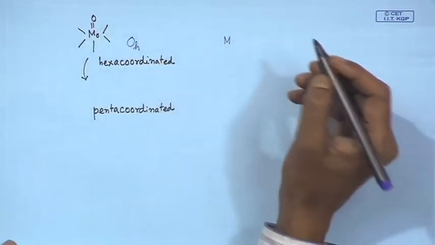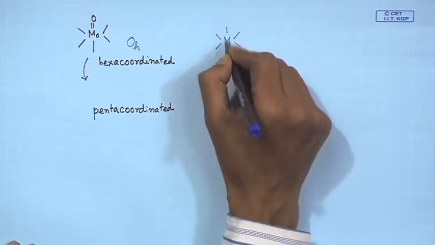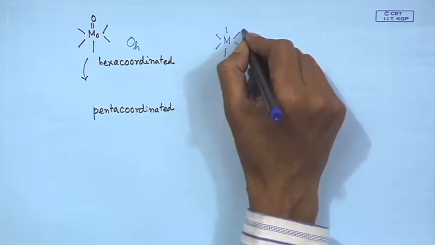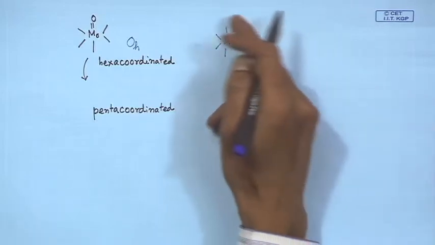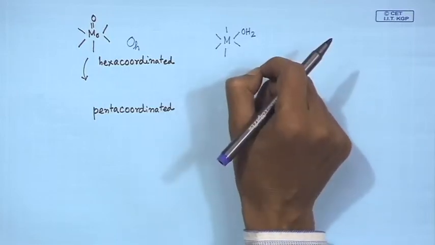This is completely different from, for example, an iron system or any other system, where when we dissolve ferric chloride in water, we get a species with the hexa coordinated metal center, where all 6 positions are occupied by a very small molecule which is water.